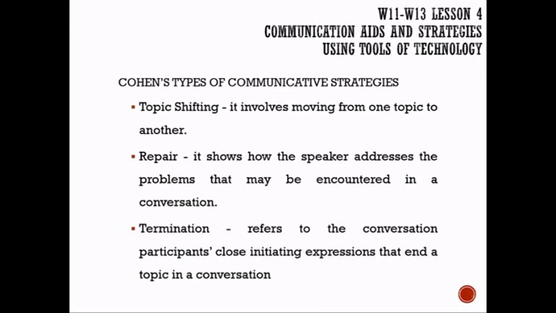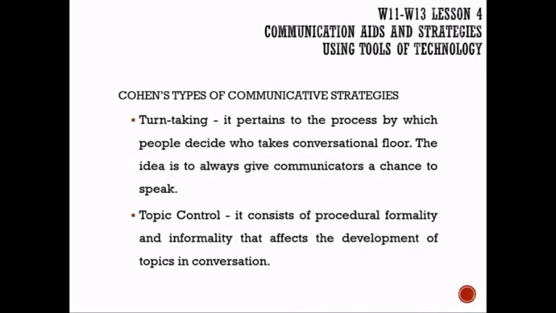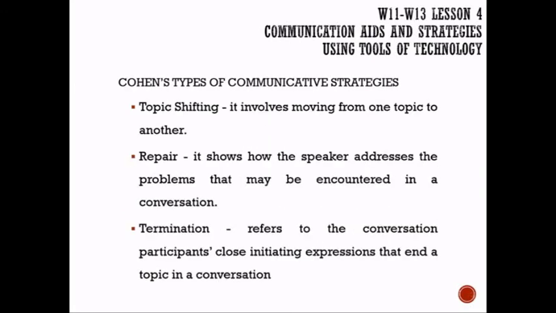All right. So those are the different communicative strategies. So we have 1, 2, 3, 4, 5, 6, 7 communicative strategies according to Cohen, from the start until the end of the topic or the discussion. So what's the importance of discussing all of these things? Of course, when you already have a solid idea about these strategies, you may now use your tools.